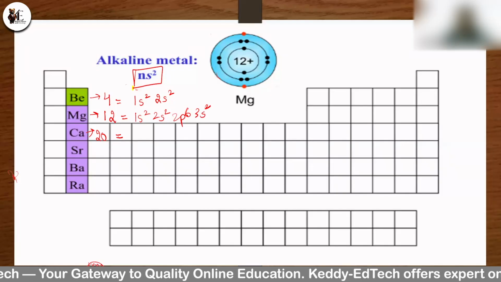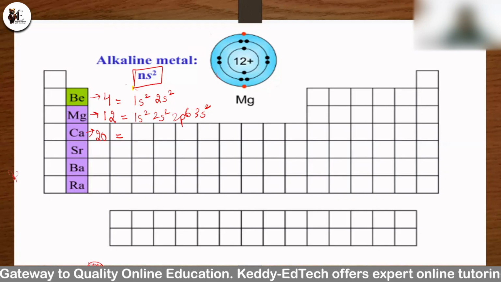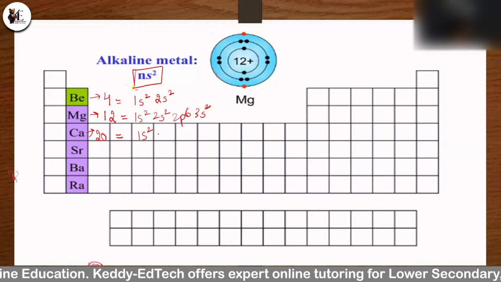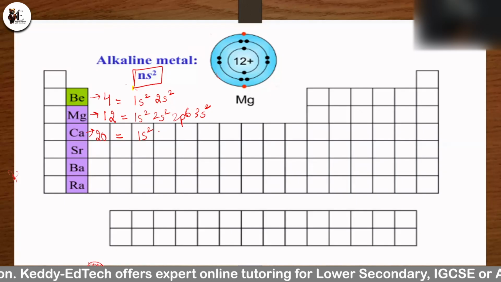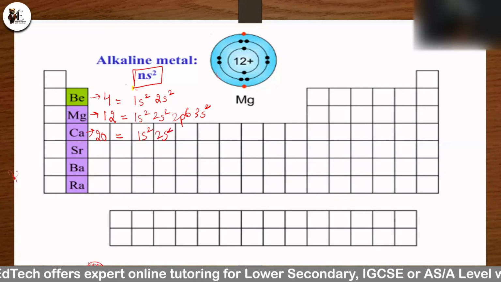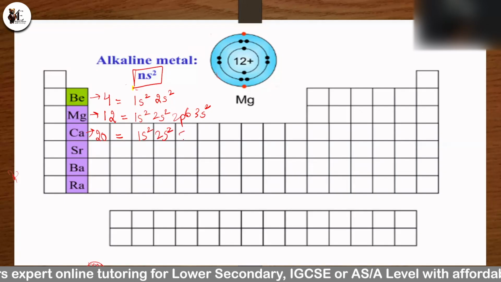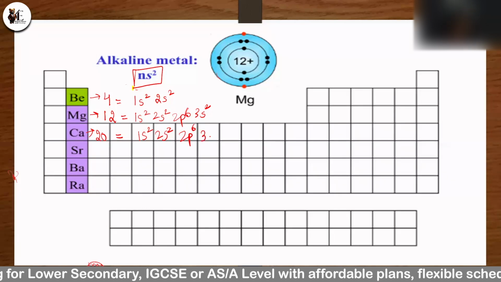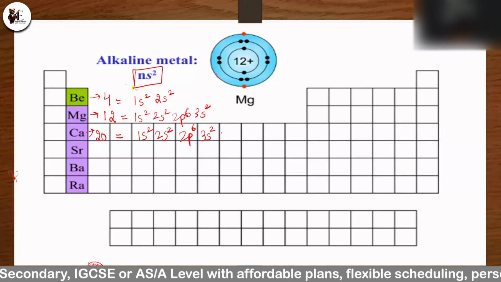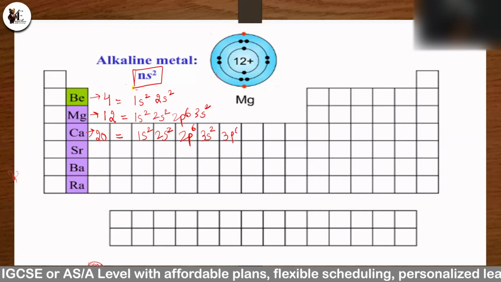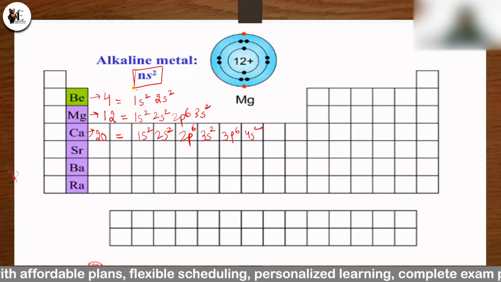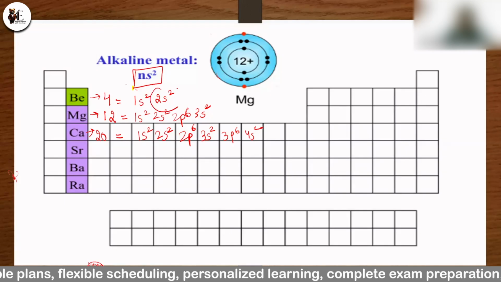And calcium? For calcium, it's 1s2, 2s2, 2p6, 3s2, 3p6, 4s2. Okay, now you can see that the outermost electronic configuration is ns2.